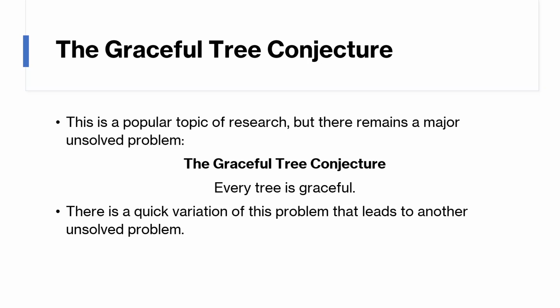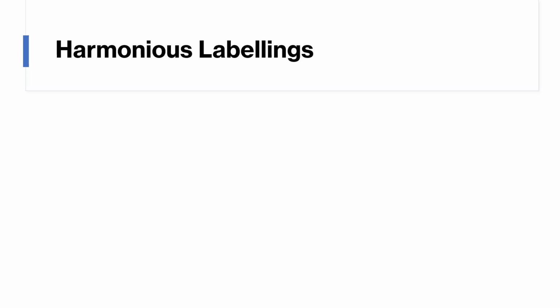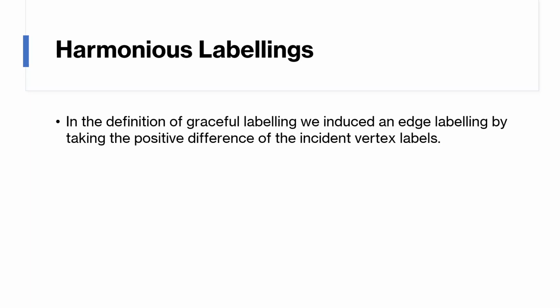There's also a quick variation of this problem that leads to another unsolved problem. If you want to get a little bit more interesting, move away from graceful, or maybe someone else has already wanted to do their project on the graceful tree conjecture, maybe you want a similar one. This is called harmonious labelings.